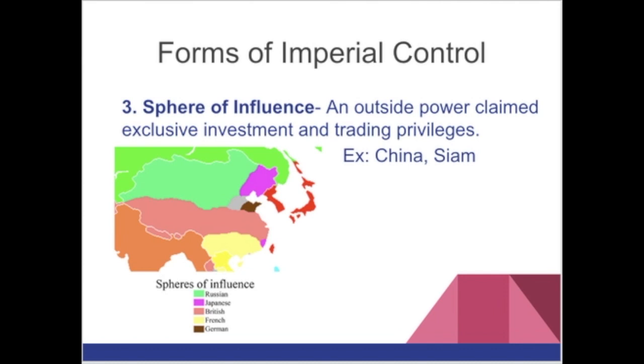So it made it so that like Britain or France would have exclusive trading privileges with this area. So it really limits the economic power and control of these Asian countries, but it doesn't take over them politically.